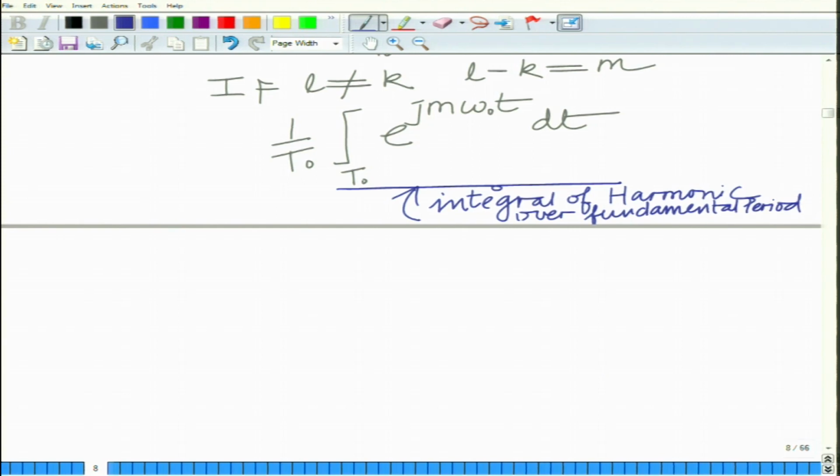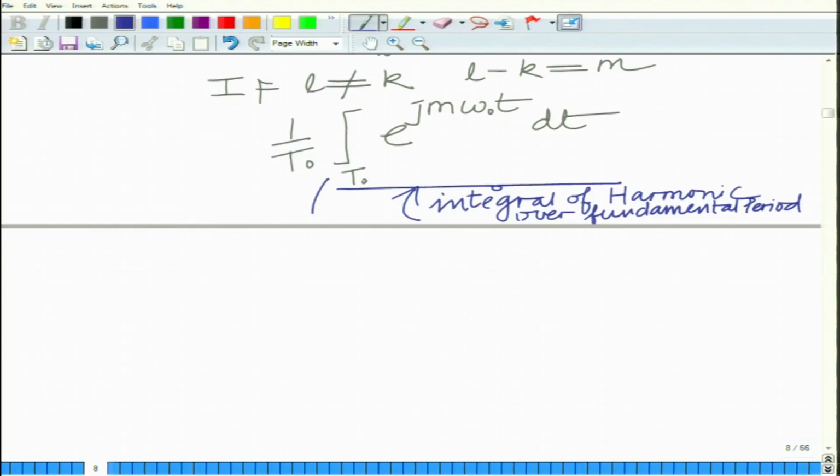Now remember, corresponding to the fundamental frequency, any harmonic is also periodic with T naught. That is, if the complex exponential e raised to j omega naught t has fundamental period T naught, then T naught is also a period, although not a fundamental period, of e raised to j m omega naught t.